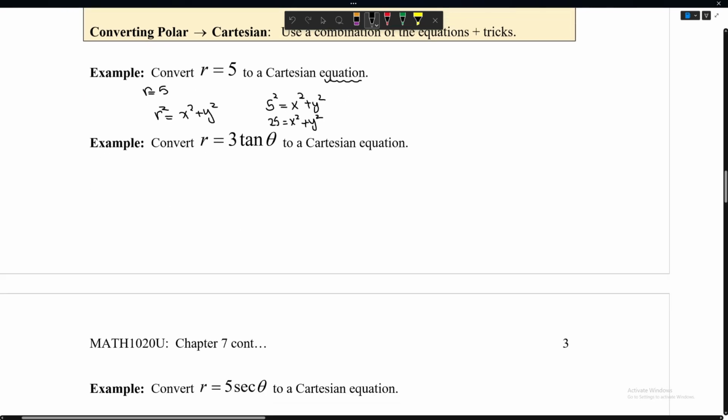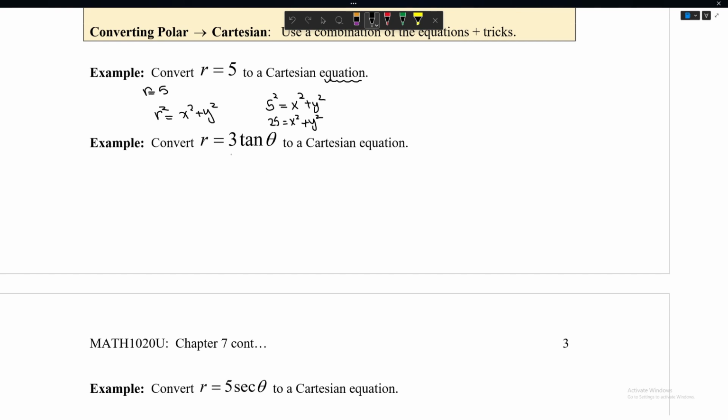Okay. Convert tan to Cartesian equation. The whole idea behind converting is you want to get to y and x. Doesn't matter how you get there, just get there. If I have r equals 3 tan theta, what is the easiest way I can convert this to x and y? I could do r squared like we did before.